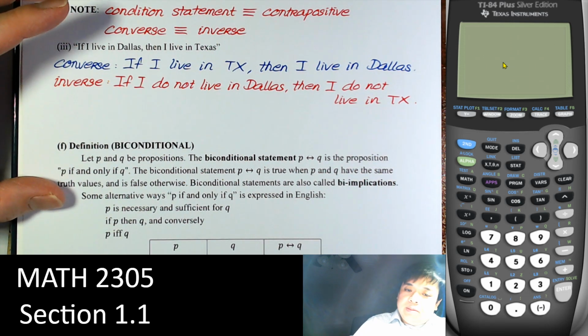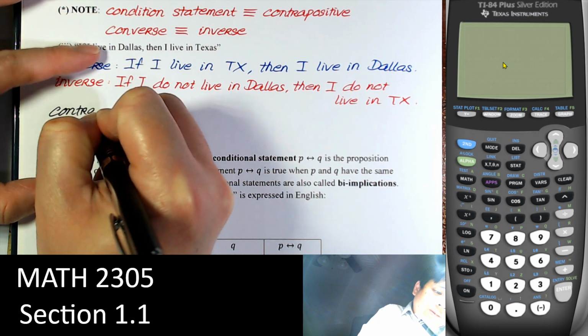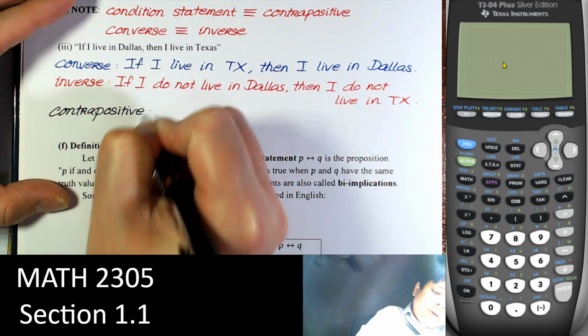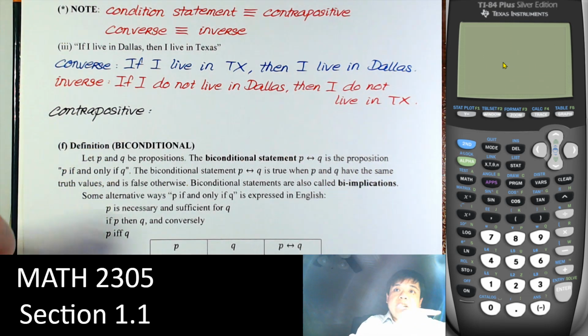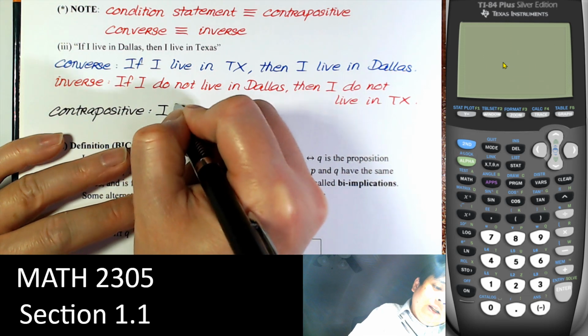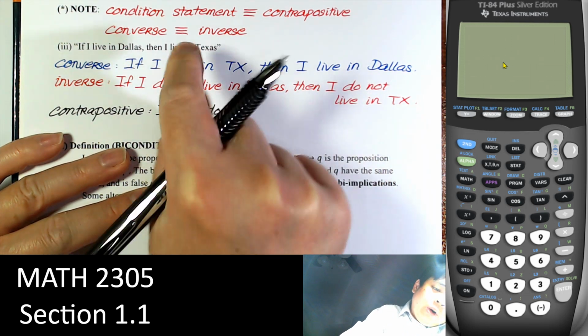And the contrapositive, we flip and then negate. If I do not, I have to bring this in front.